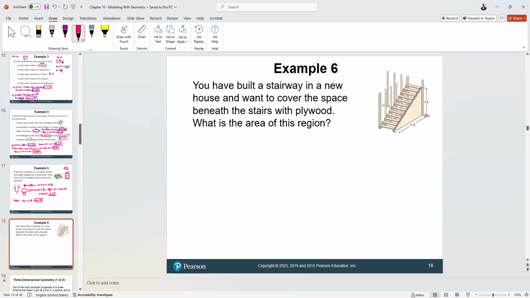But as we said, because we want to make sure you understand how to work the problems out, looking at this one: you have built a stairway in a new house and want to cover the space beneath the stairs with plywood. What is the area of this region? As you can see, if you want to reproduce this, you have a right triangle, right?